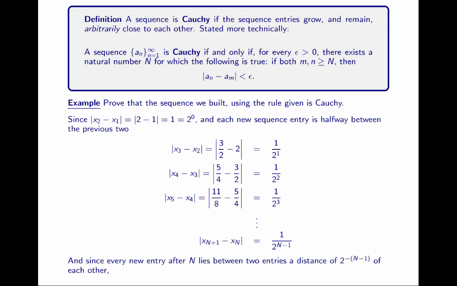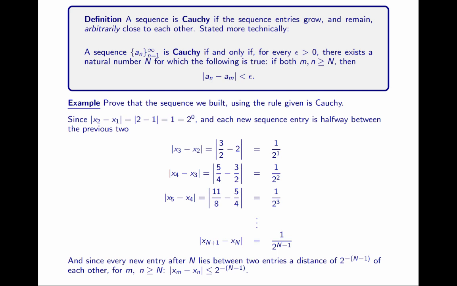Well, because every sequence entry after that has to fall within a 1 over 2 to the n minus 1 distance, for every little m and little n greater than or equal to big N, the difference remains less than or equal to 1 over 2 to the n minus 1. And notice that we've almost satisfied the definition of Cauchy. All that really remains is to show that 1 over 2 to the n minus 1 can be made arbitrarily small.